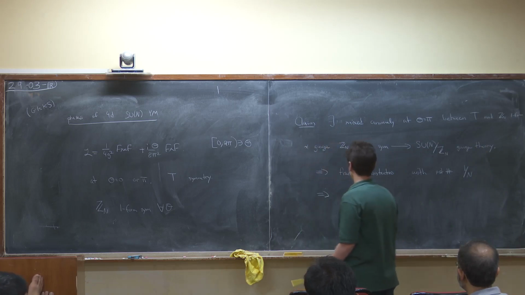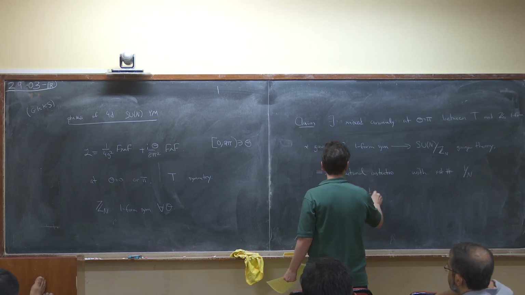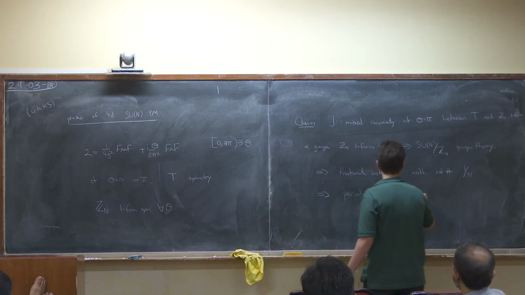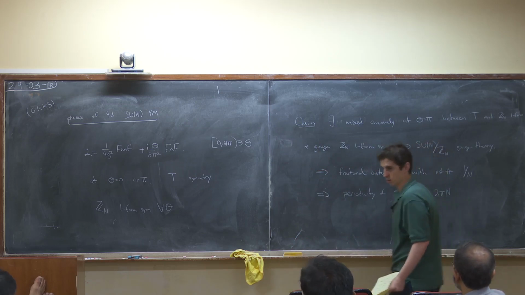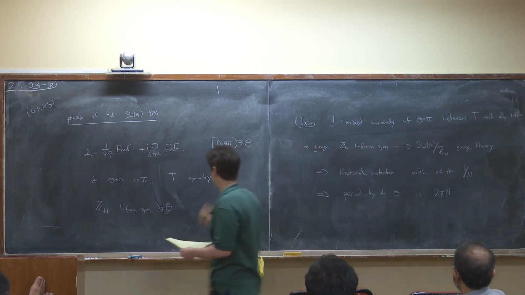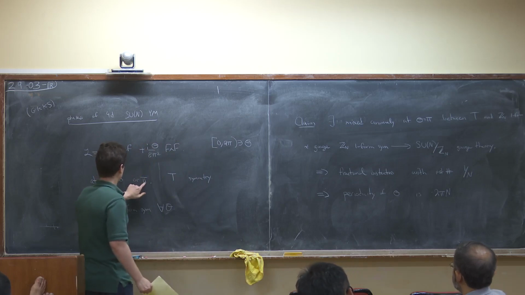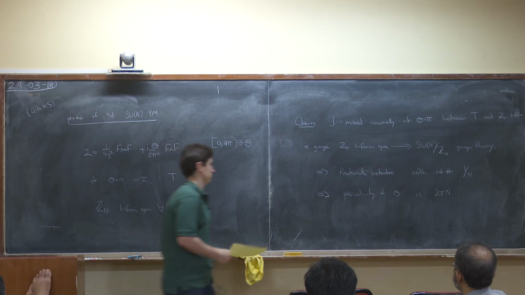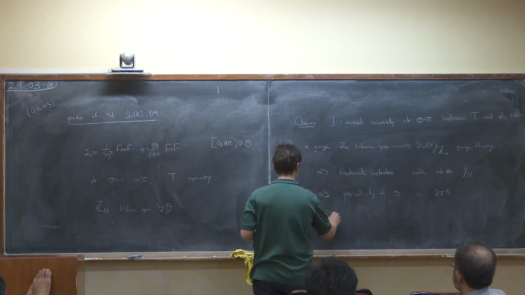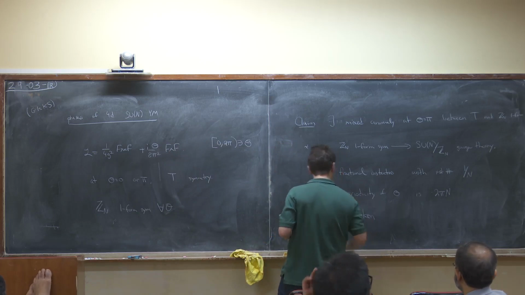So the periodicity of theta is now 2 pi n in this normalization. If we go back over here, it's clear that we've broken T symmetry, because at theta equals pi, T was a symmetry precisely because of this identification. So T is broken.